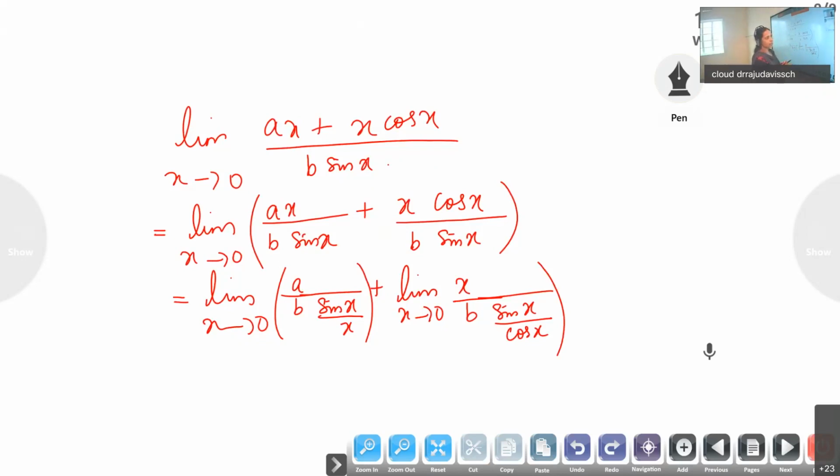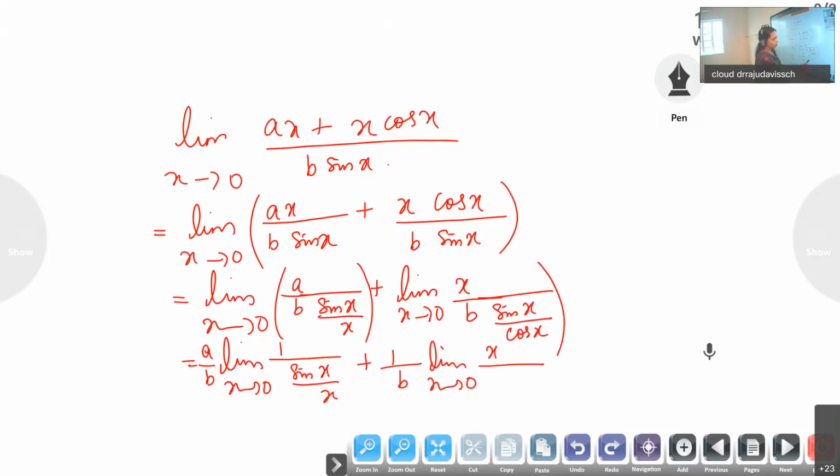This cos x I am taking down. Which is same as limit x tending to 0, a by b being constant, we can take it outside, 1 by sin x by x, plus 1 by b being constant, limit x tending to 0, x by, what is sin by cos? Is it tan x?